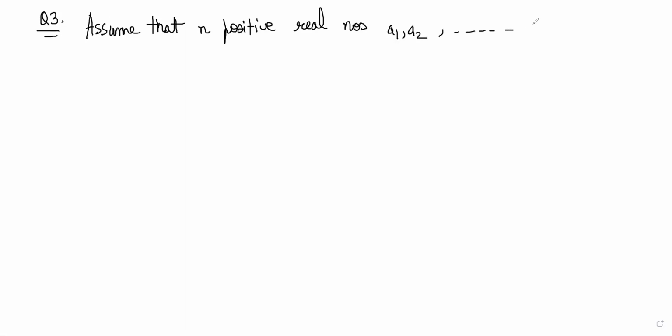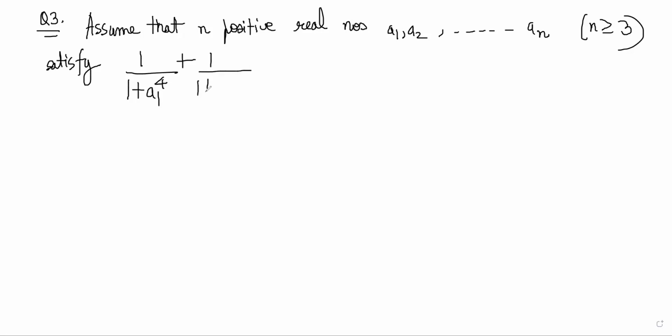Question number 3 says, assume that n positive real numbers a1, a2 to an, where n is greater than or equal to 3, satisfy 1 by (1 plus a1 power 4) plus 1 by (1 plus a2 power 4) and so on till 1 by (1 plus an power 4) is equal to 1.